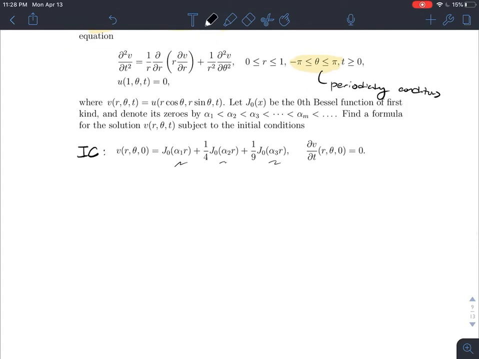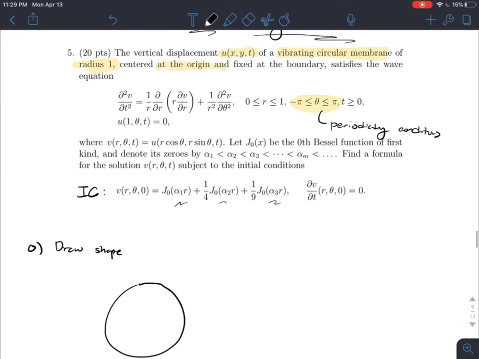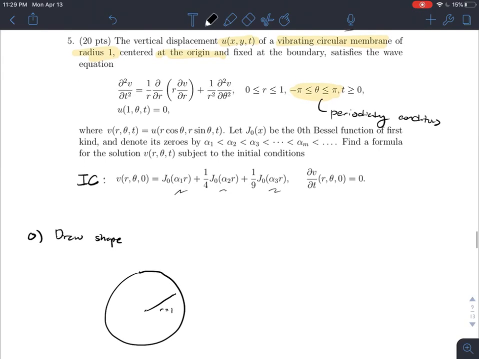So starting off, let's draw a shape just to make sure that we know what we're doing. So we have a circle, radius 1. We know we have periodicity conditions, and we know that at the edge of the circle, so this condition right here, which should be V(1, theta, t) is equal to 0.